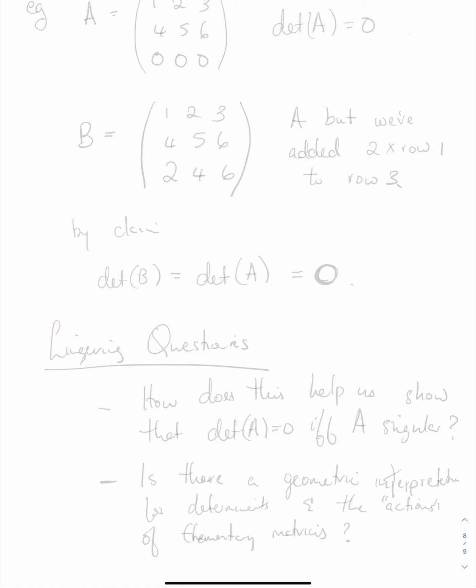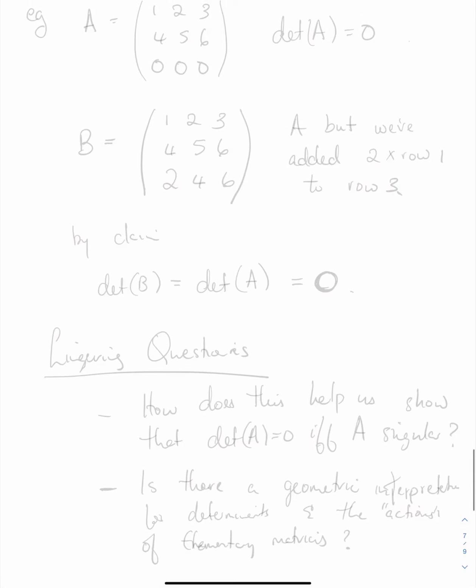Let's do an example. Let's look at the matrix A equal to 1, 2, 3, 4, 5, 6, 0, 0, 0.